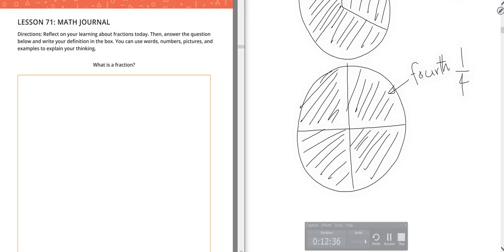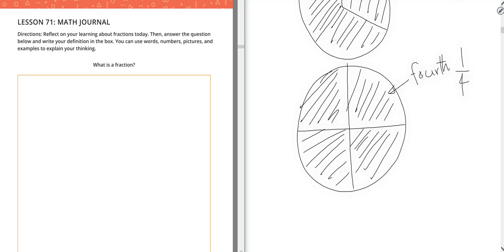Okay. Turn your page. Lesson 71, Math Journal. Directions. Reflect on your learning about fractions today, then answer the question below and write your definition in the box. You can use words, numbers, pictures, and examples to explain your thinking. What is a fraction?